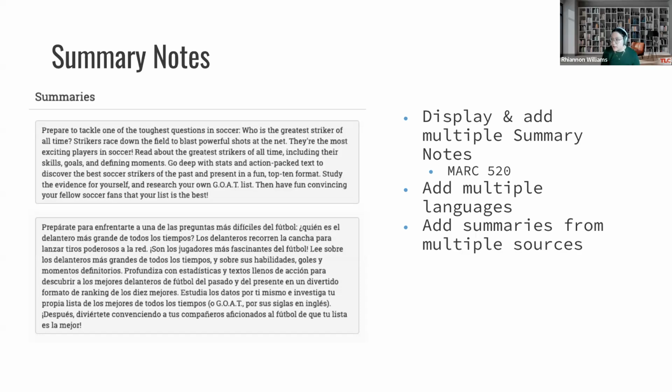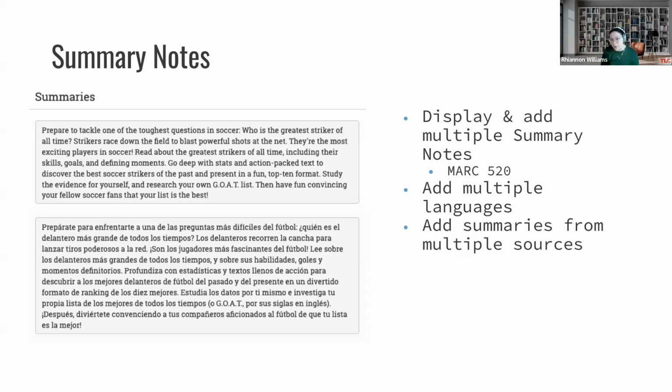I talked about this recently in the critical cataloging webinar, about how important it can be to add summaries and metadata fields in multiple languages. That makes it more accessible and discoverable by your patrons, especially for materials in non-English languages.